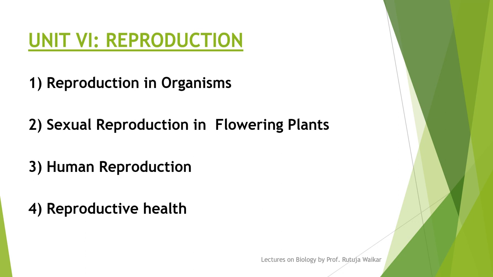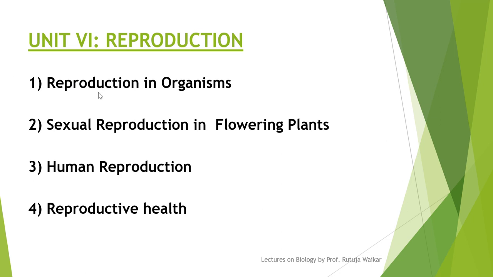In the first chapter there are many subpoints like reproduction as a characteristic feature of all organisms for the continuation of the species, and modes of reproduction, either sexual or asexual. Then also binary fission, and after binary fission, sporulation.